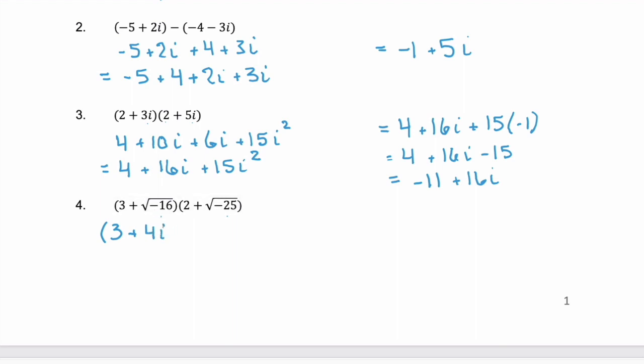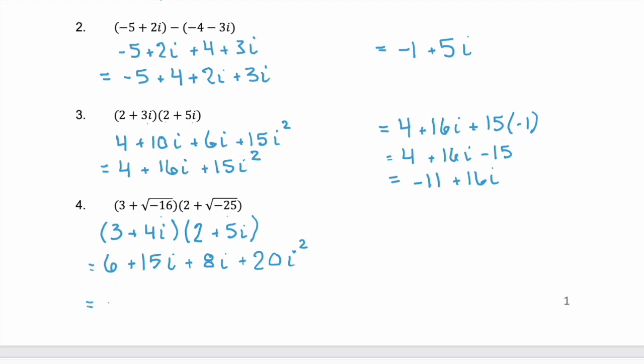The square root of the negative gave us the i, and the square root of the 16 gave us 4. And the second binomial is 2 plus 5i. Now when we use FOIL, we'll get 6 plus 15i plus 8i plus 20i squared.